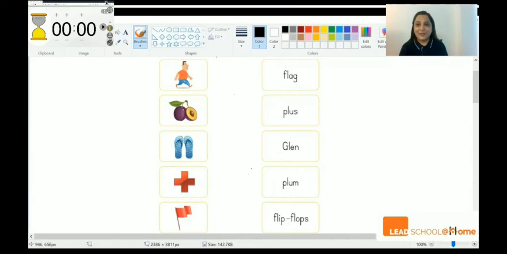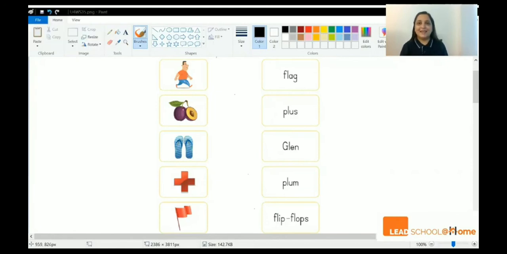Did you find the word Glen? Let's see. See? Glen. So this is Glen. Let's connect the picture of Glen with the word Glen.